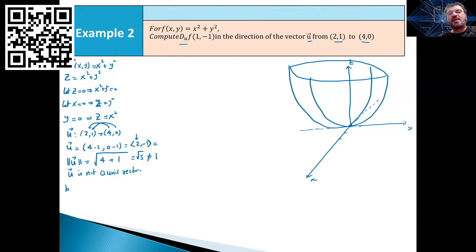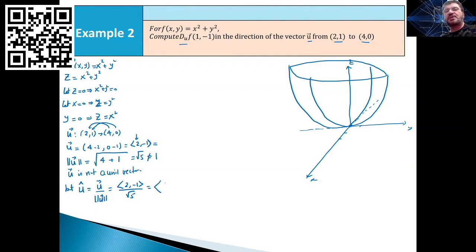But how do I make it a unit vector? We take something called u hat. Remember, it's u itself divided by its magnitude. If I divide a vector by its magnitude, this will make it a unit vector. So you have 2, negative 1 divided by square root of 5.